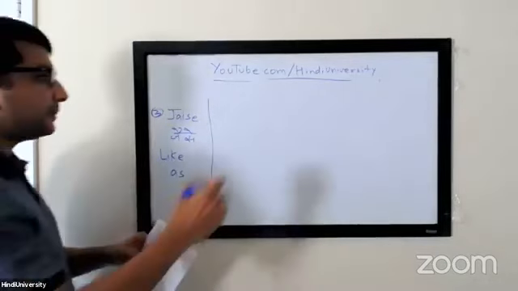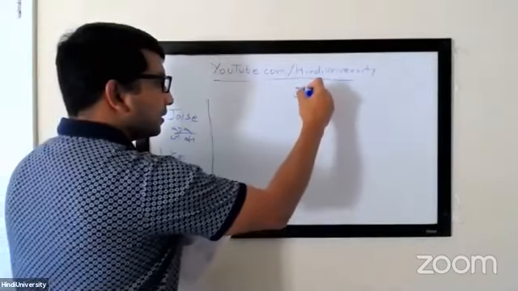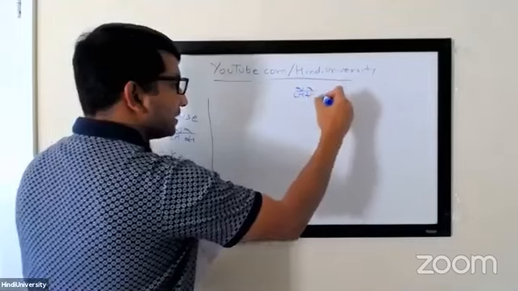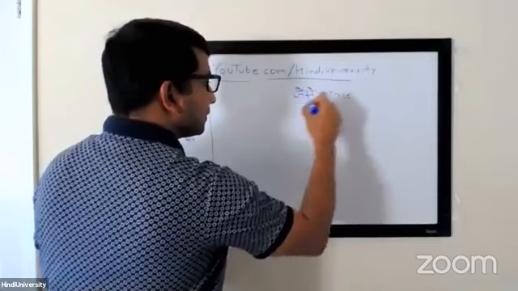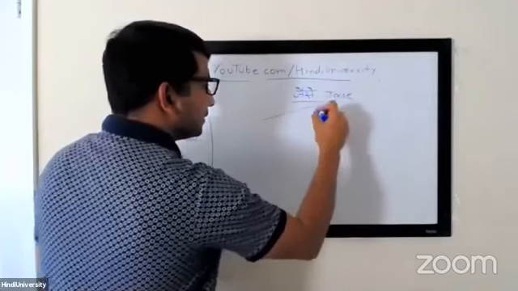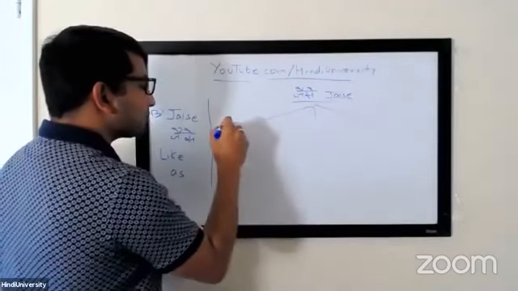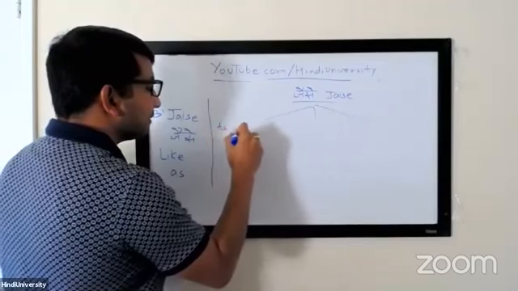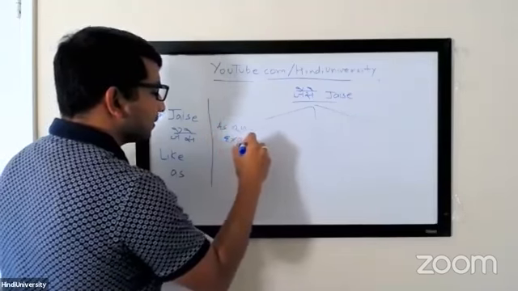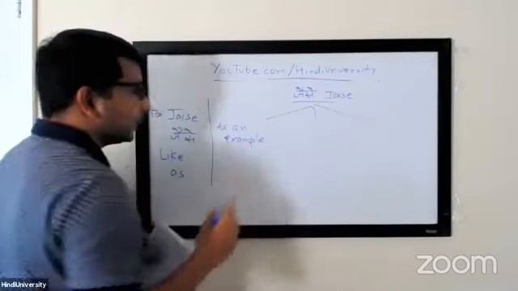Okay, so there are multiple use cases of jaise as well. Jaise, and then the first one I'm going to do is, see, first one is when you are saying, it means as an example. Okay.